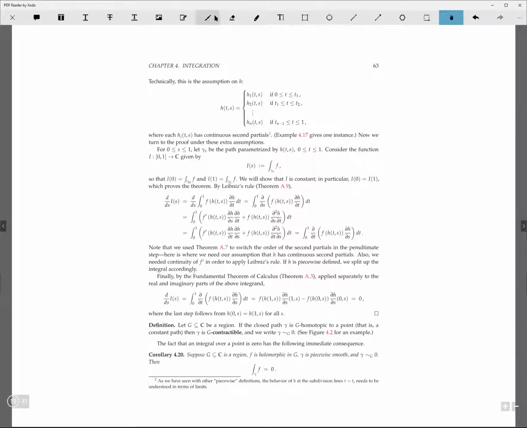Let's see, where were we? So one thing I wanted to point out right here was the corollary to 4.20.